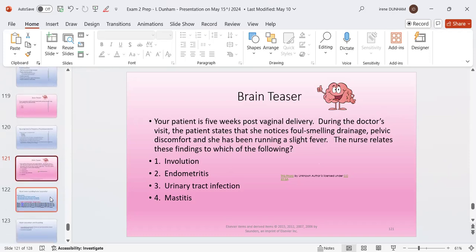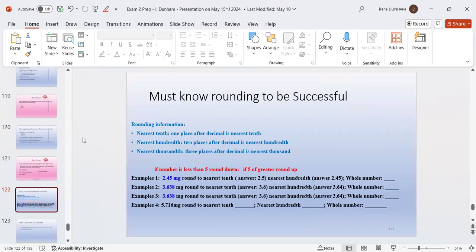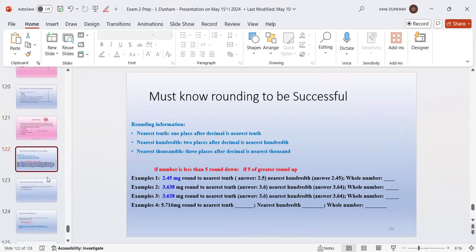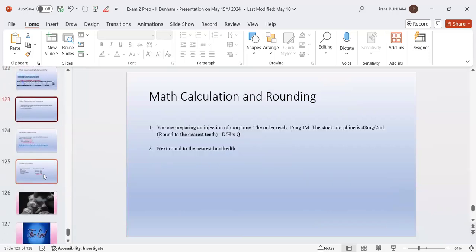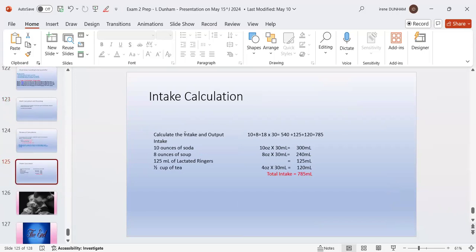Okay, we're going to have math on the exam. So make sure that if it says round to the nearest tenth, you do the nearest tenth, not the nearest hundredth. Read it carefully and put some calculations in here for you. And remember, there's going to be one on this.